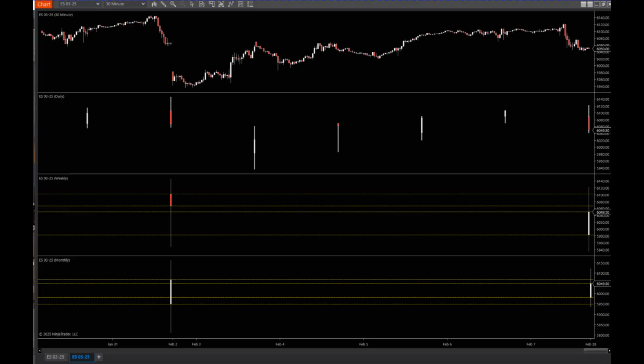So that gives us a big edge in determining whether we can go for more range. If the one period is rising outside of the levels, we're going to be going for levels further outside or even a different time frame.